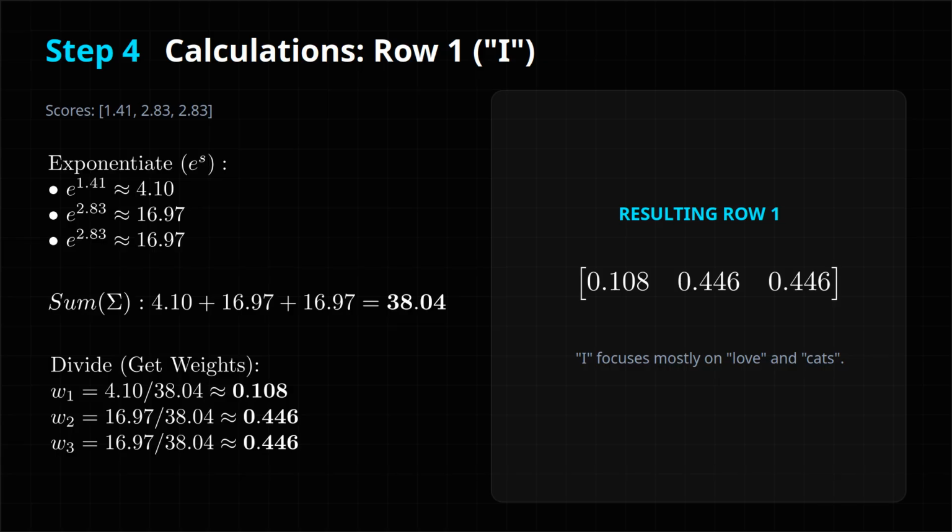Second step, we add them: 4.10 plus 16.97 plus another 16.97 gives a total of about 38.04. Third step, we divide each exponential by that total. 4.10 divided by 38.04 gives about 0.108. Each 16.97 divided by 38.04 gives about 0.446. So "I" gives around 11% of its attention to itself and about 44.5% each to "love" and to "cats."